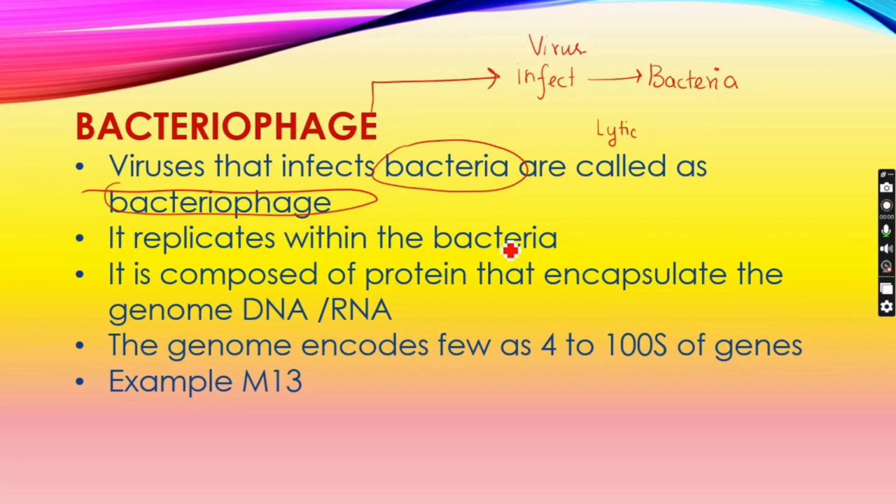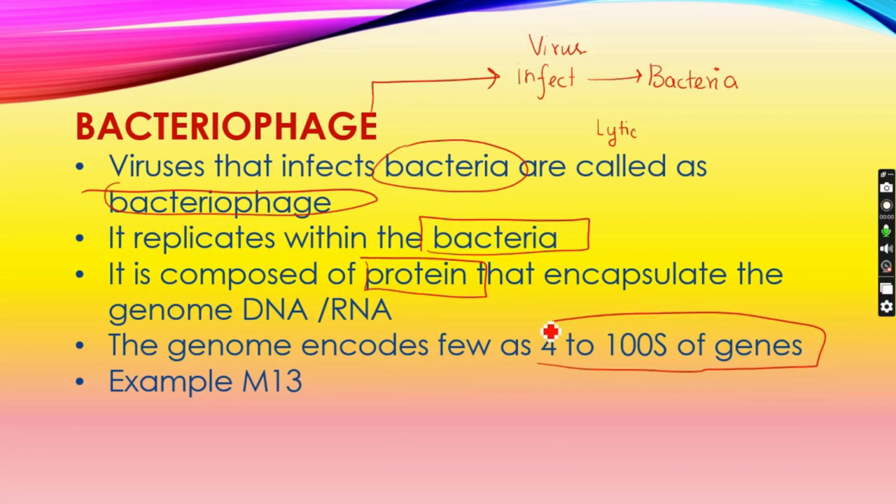It replicates within the bacteria. It is encapsulated by the protein coat, that is the capsid. The genome that encodes the bacteriophage may be 4 to 100s of genes in number.